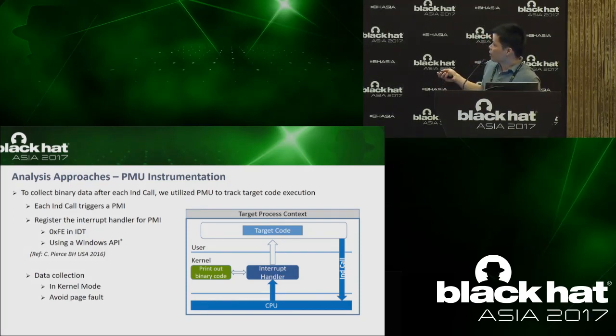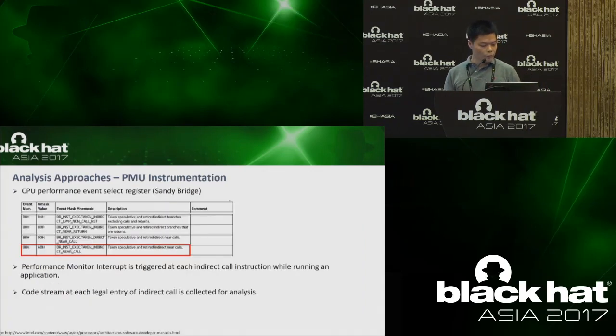The first way is to hook the relevant entry in the IDT table directly, while the other is to use a Windows API, which was mentioned in more detail by CPS in last year's Black Hat USA. I'll give you an example.